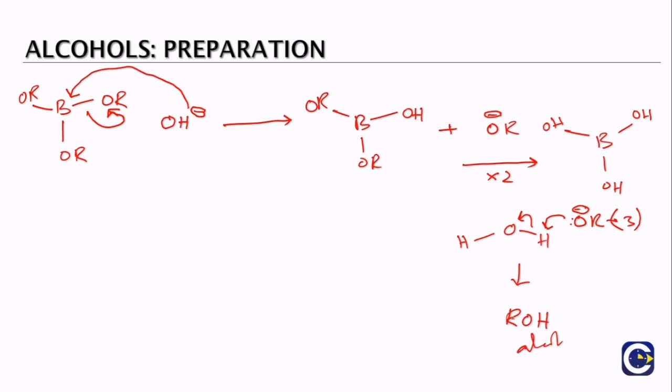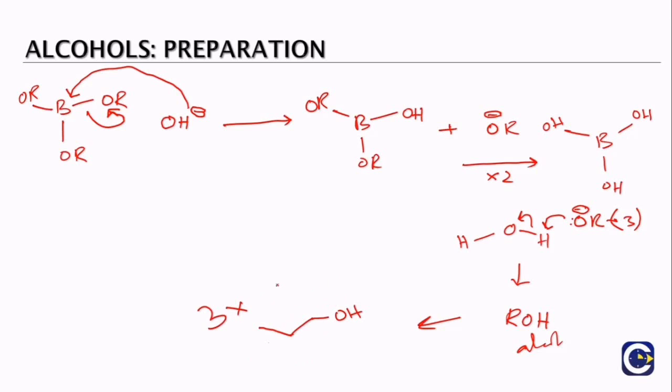If we substitute the R group that we have taken in our initial example, we have propene. This is the R group attached to the alcohol, and we'll be getting three alcohols in this reaction. So this will be our final product.